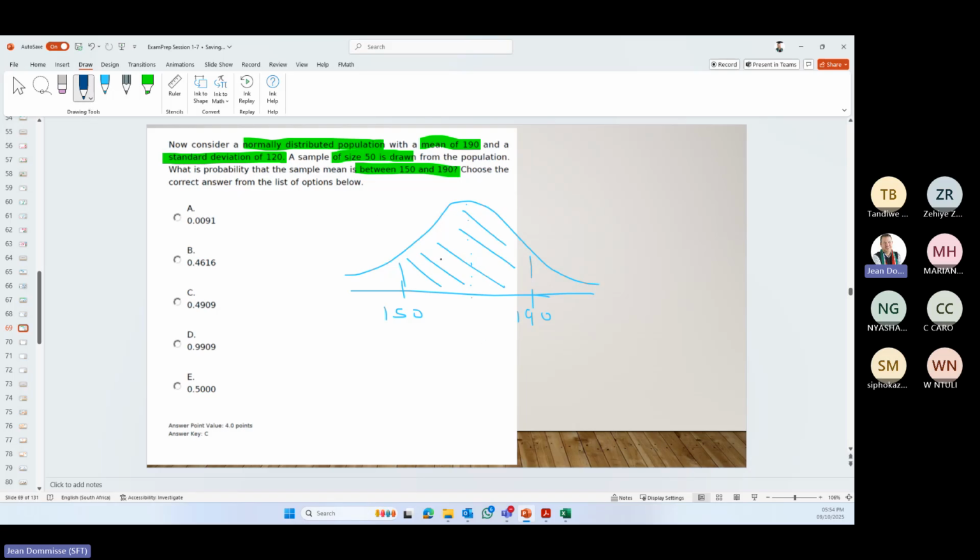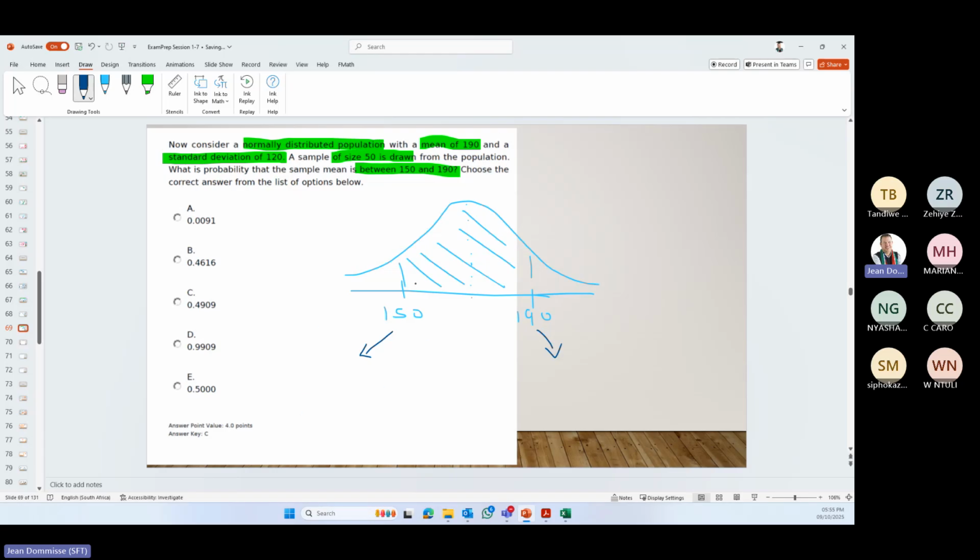Basically this is something that we now need to work out. We first need to get a z for the 150, then a z for the 190, and with the two z's we will get the probability for each one, and then we'll decide if we subtract or how we're going to work it out.